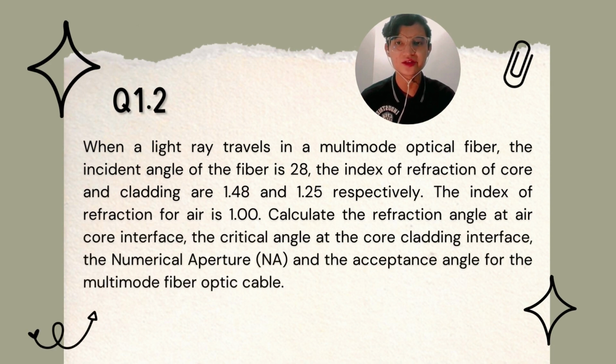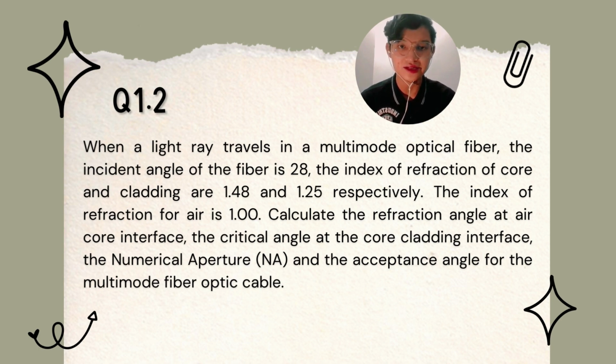Okay, next we will continue with question 1.2. In question 1.2, the question has given us the incident angle of the fiber, 38, and the index of refraction of core and cladding, 1.48 and 1.25 respectively.